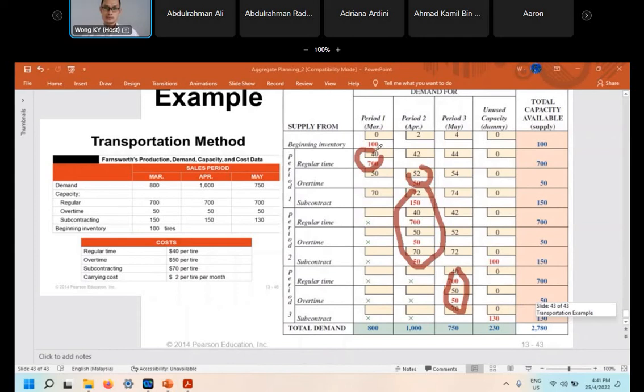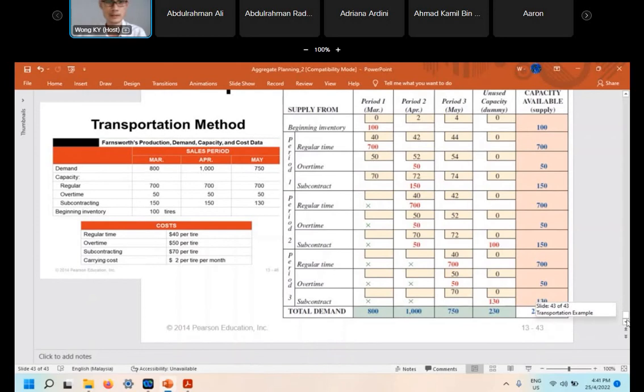Right? So you multiply them, you total up, you get the total cost. And this total cost is minimum, minimum total cost. Okay, so yeah, this is the last slide really. So it's done. Okay, it's done for aggregate production planning.